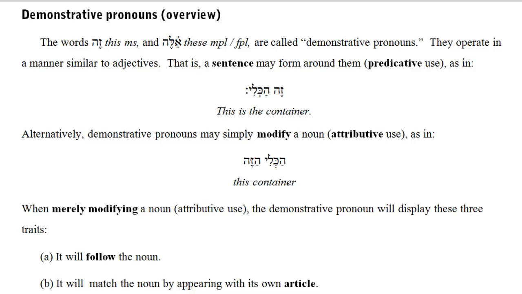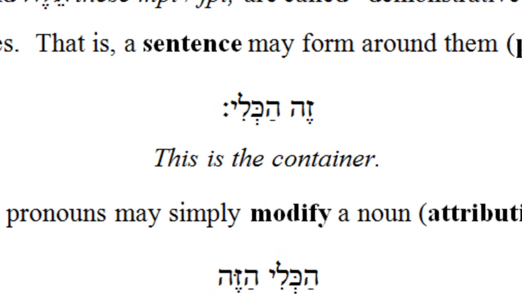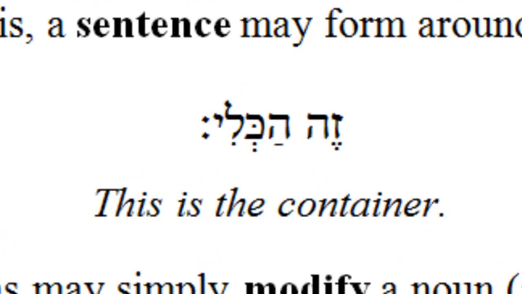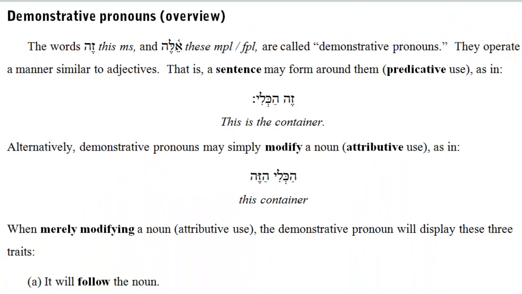The container is good. If we were to replace the adjective tov with the demonstrative pronoun ze, forming the sentence ze hakali, we once again would have a complete sentence, although without any verb. Ze hakali means this is the container.